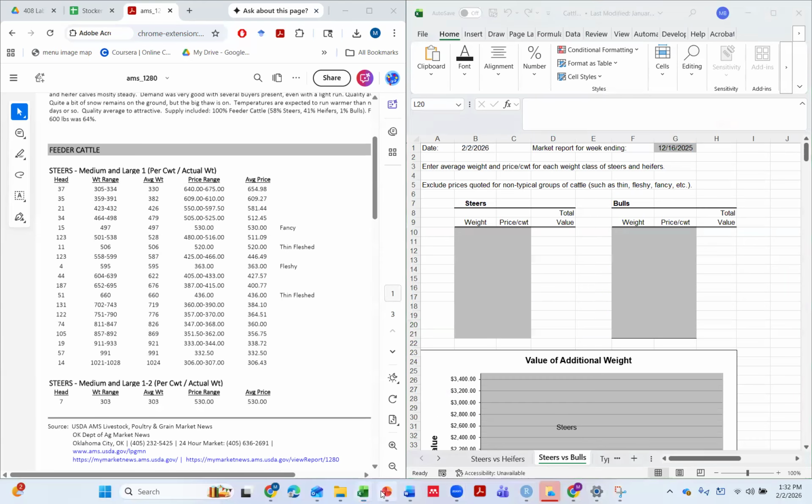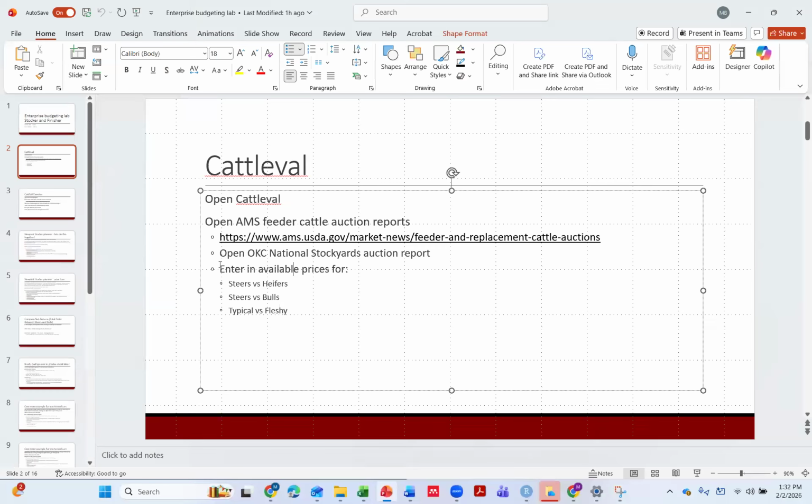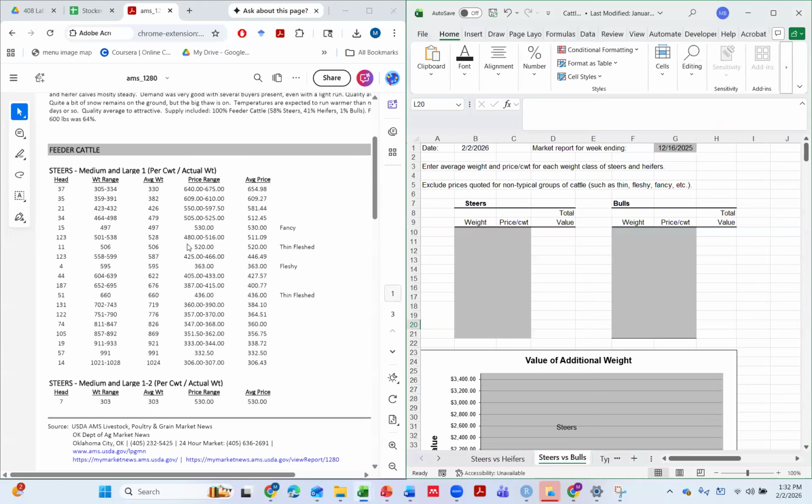Okay. All right. So let's enter in the available prices for steers versus heifers, and then we'll do steers versus bulls. And then within steers, we'll look at maybe typical versus fleshy if there's enough observations. Okay. Doesn't look like there will be, but we can look at that.